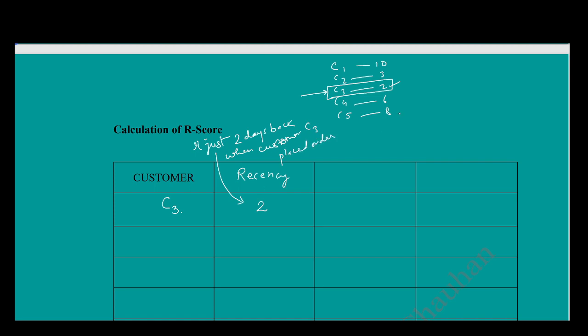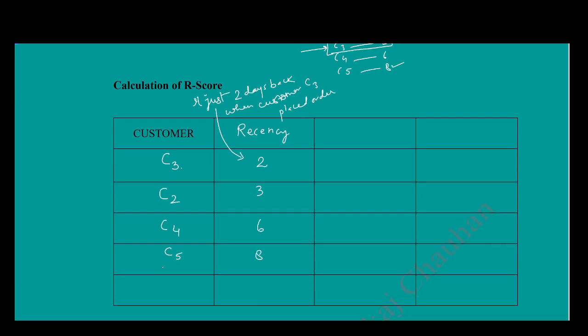Now we'll move to the next customer who is recent in terms of placing an order. So then comes C2. So we will write C2 here, and he placed his order 3 days back, and then C4 6 days back, and then C5 8 days back, and C1 10 days back.